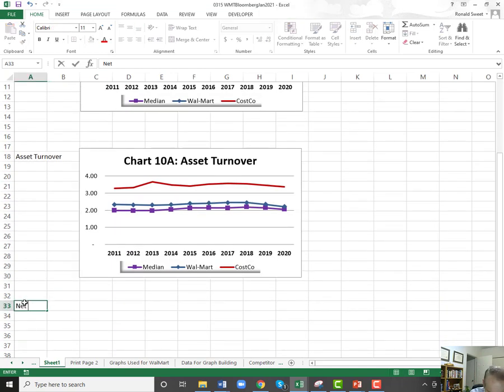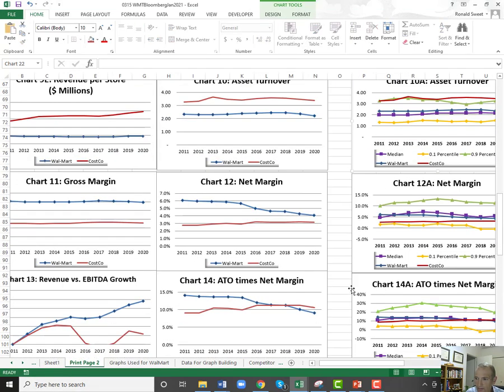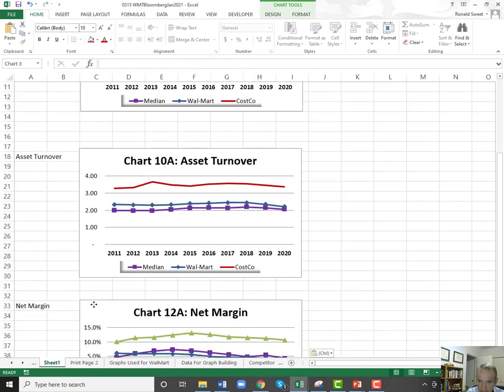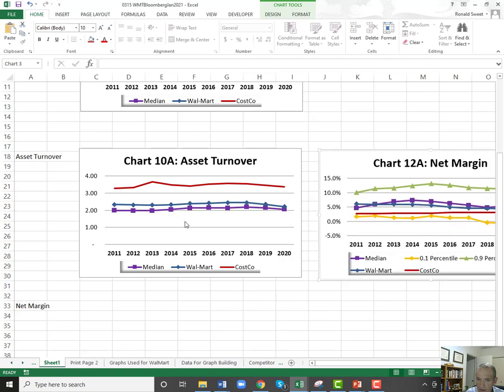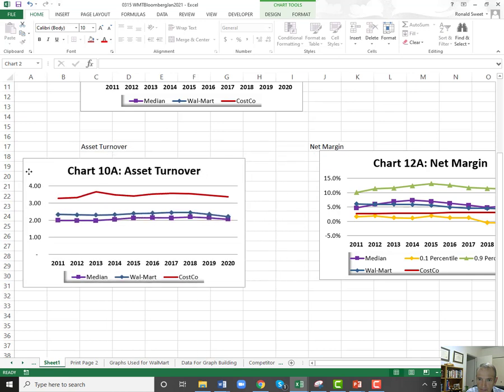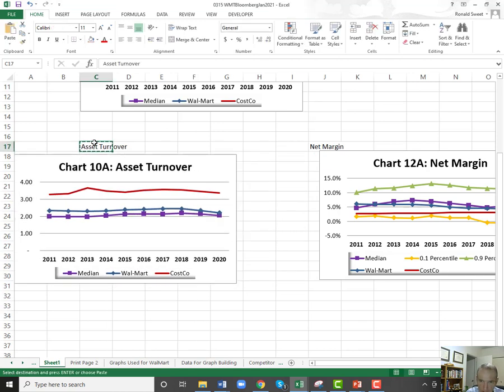Let's look at the net margin. So we go get the net margin. I'm going to put it over here. So asset turnover is pretty flat. Let's look at net margin.